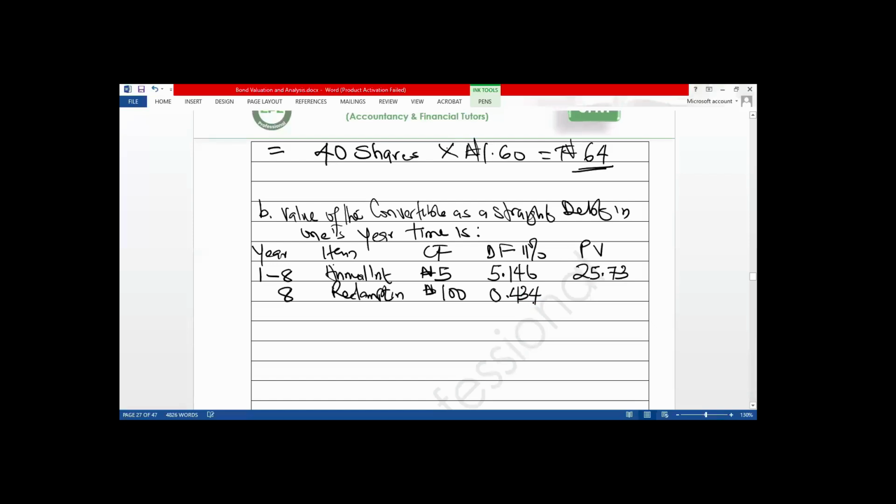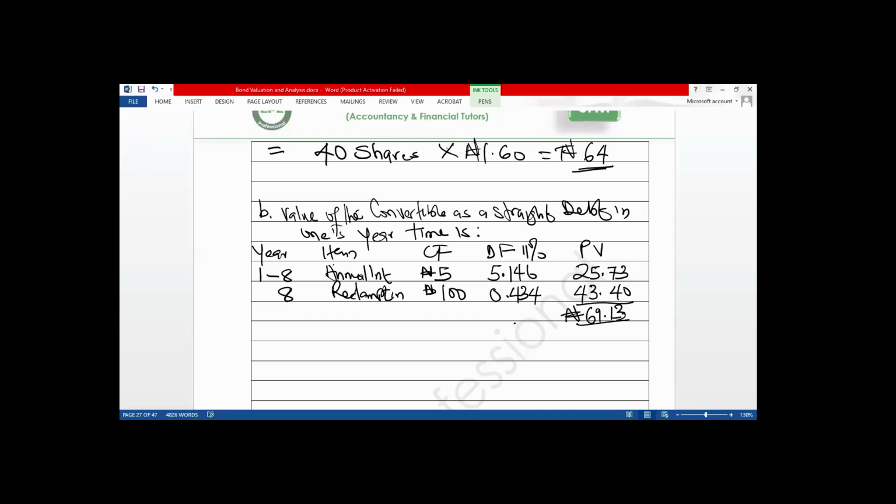We can multiply, this will give me 43.40. Please get the value. 69.13. This is the value of the debt, value of the convertible as a straight debt in 1 year's time.